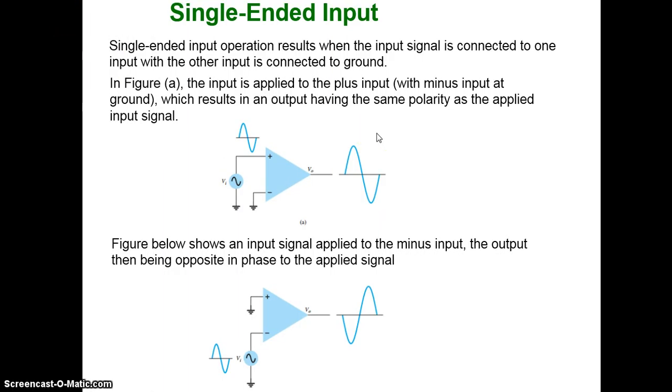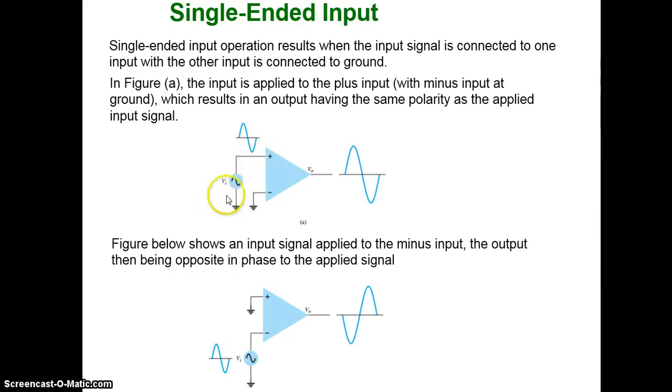Now we discuss the single-ended input. See this operational amplifier. To your non-inverting terminal, the plus terminal, you have connected an input sine wave. The inverting terminal is connected to ground. So of the two input terminals, only one has the input connected, and the other is grounded. So it is called single-ended input operation.